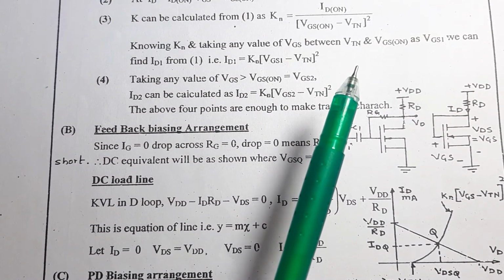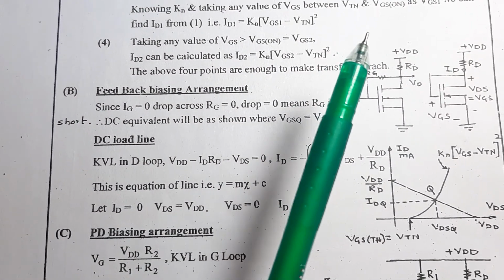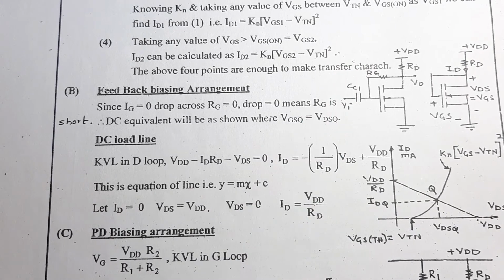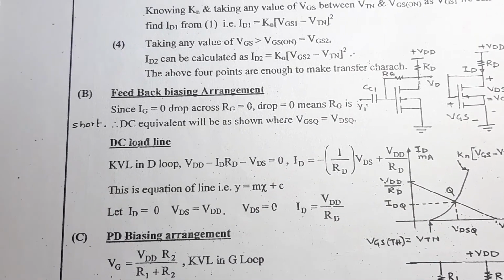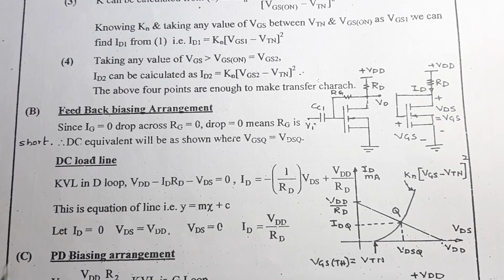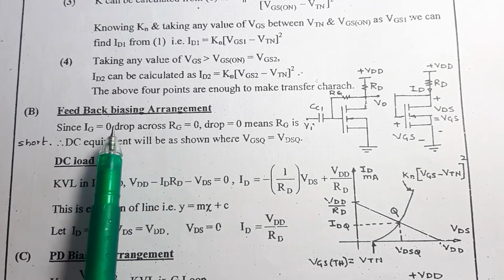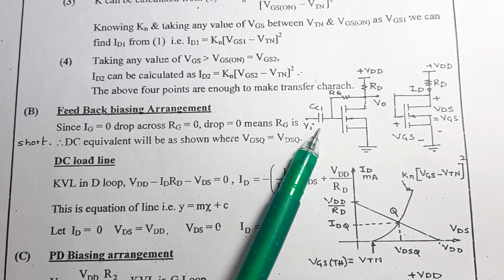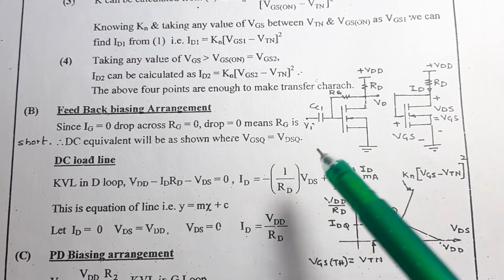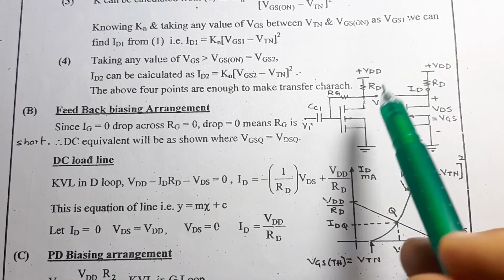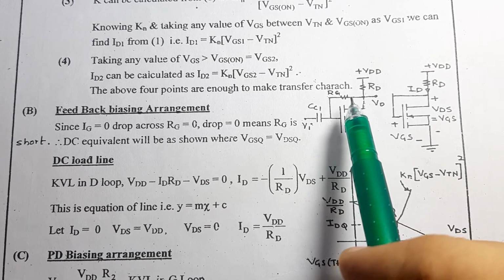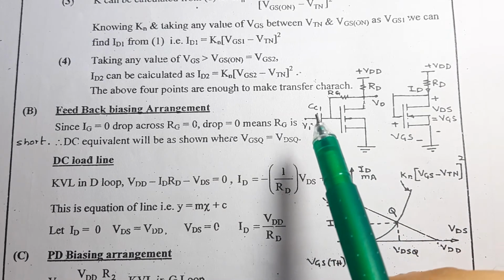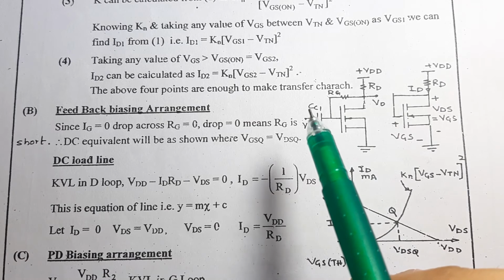Now, we'll try to understand the feedback biasing arrangement and the potential divider biasing circuit diagram. In feedback biasing, the output is connected to the input via a resistor RG. Since the input terminal is the gate, G denotes the input terminal.